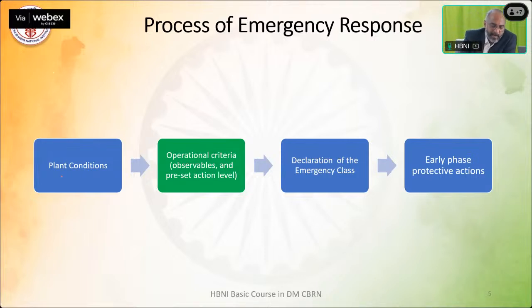Okay, so there is going to be a plant condition where the plant is undergoing a challenging condition, probably an event has happened, and then mitigations are happening, and still the situation is escalating, and if it is likely to escalate, and releases are happening or predicted to happen, then what you do is you use pre-operational criteria, observables, and preset action levels that can give you an idea about what the level of this plant condition is.